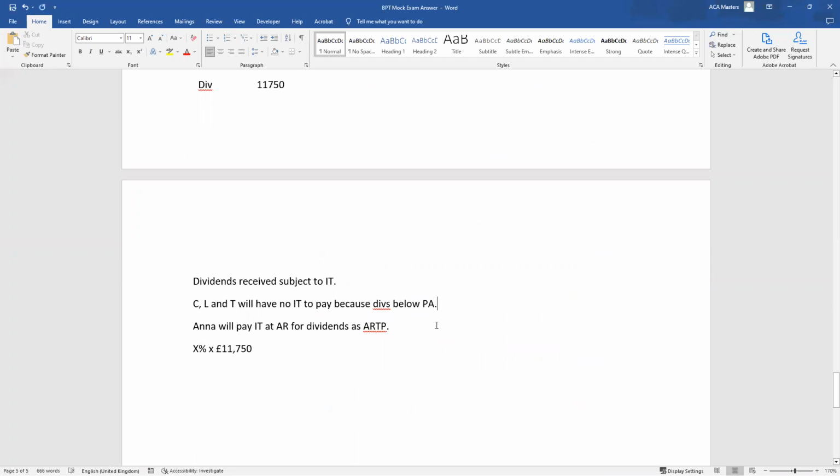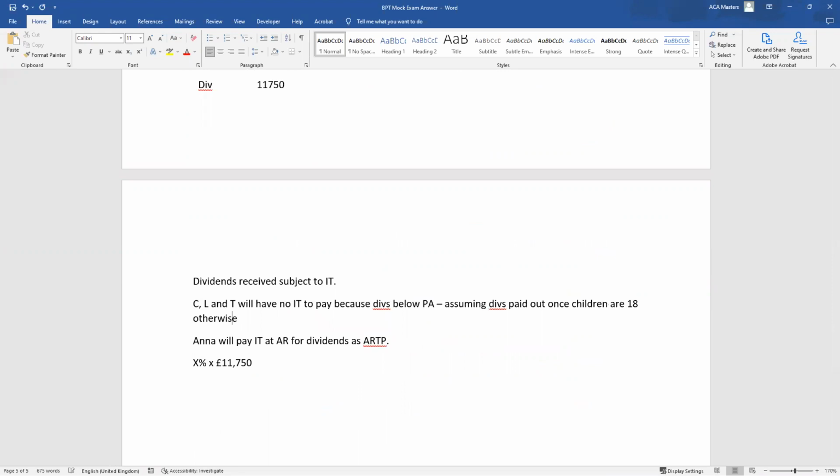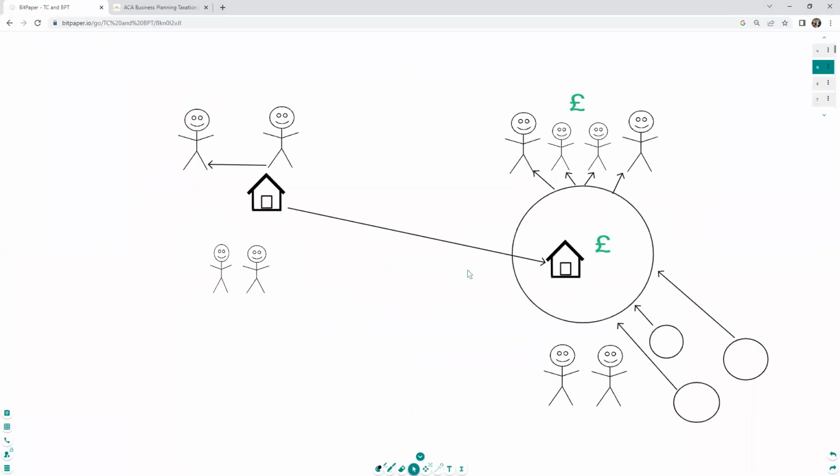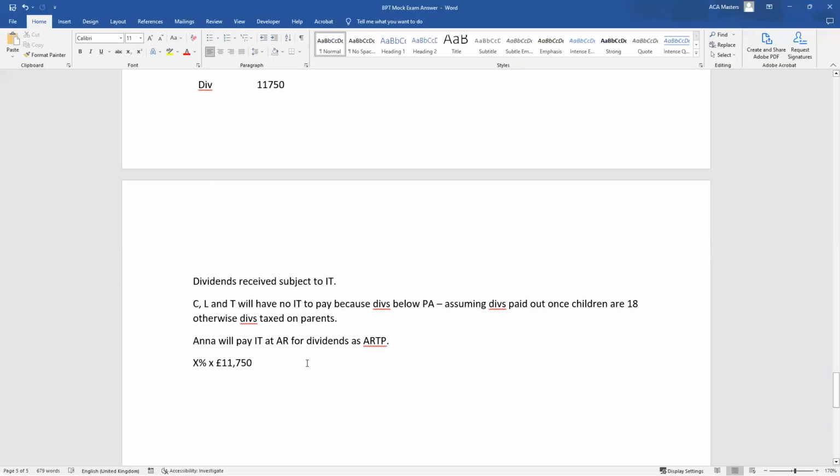And then we could put here, assuming dividends paid out once children are 18, otherwise dividends taxed on the parents, because otherwise this is effectively to stop people shifting income into their children's names just to use their personal allowance and their basic rate bands. But once they're an adult, that's fine to do that.